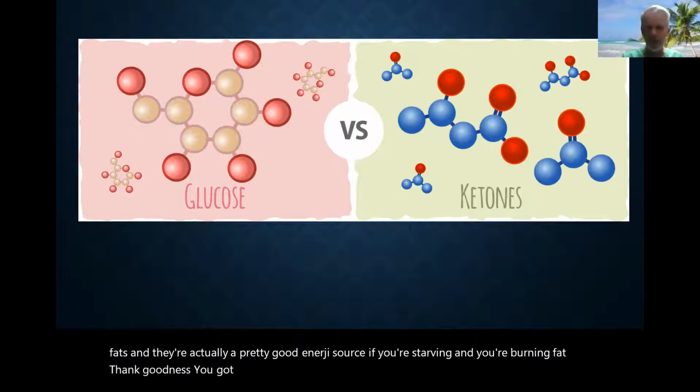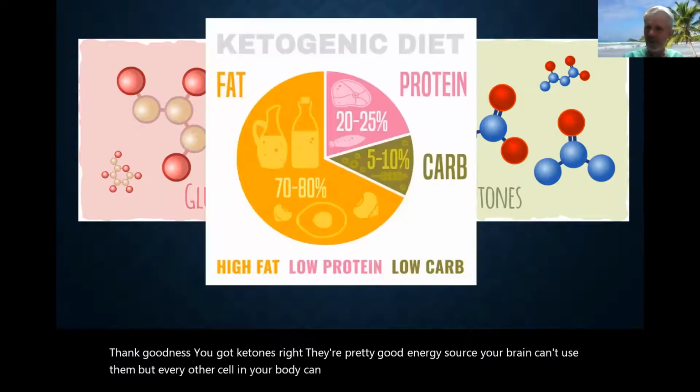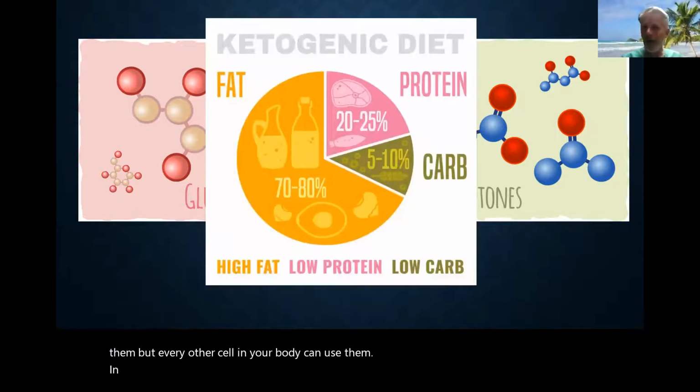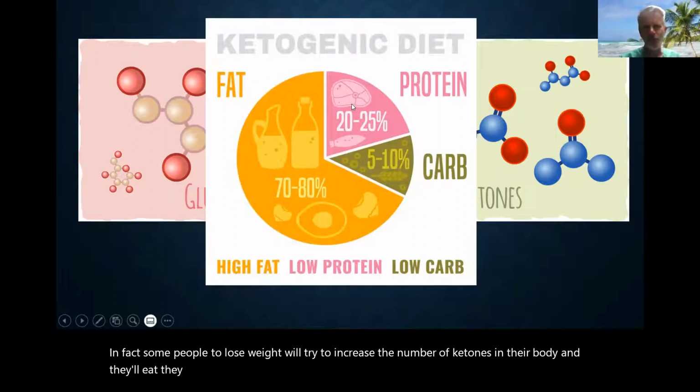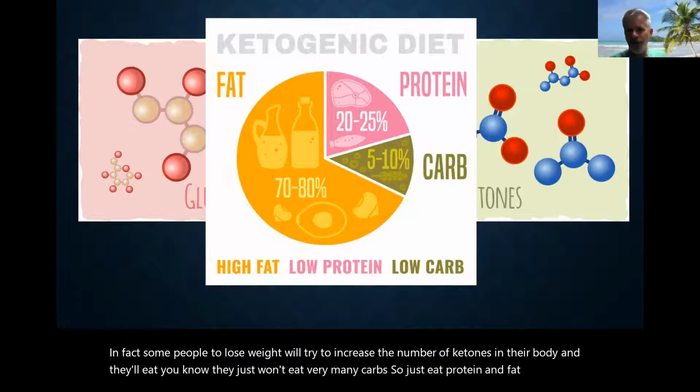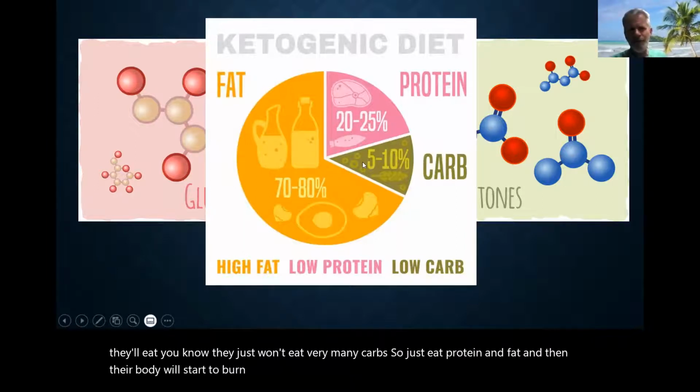Your brain can't use them, but every other cell in your body can use them. In fact, some people, to lose weight, will try to increase the number of ketones in their body. And they'll eat, they just won't eat very many carbs. They'll just eat protein and fat, and their body will start to burn fat because they're not eating enough carbs.